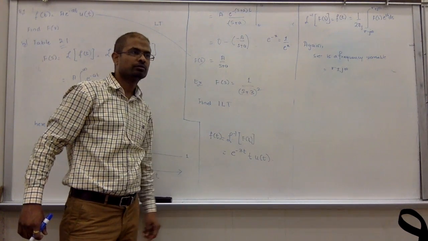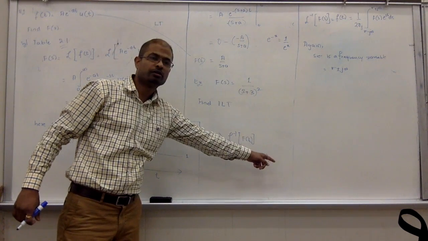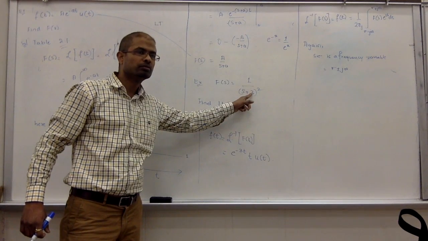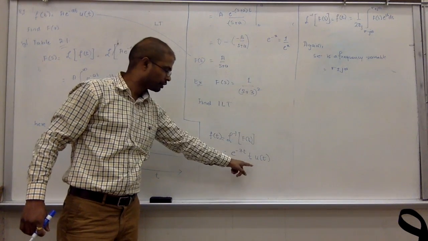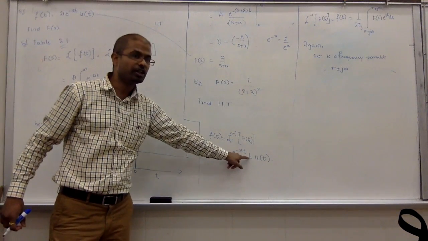It would be e to the power of minus 3t, t squared, u of t. Everything is the same, except that there is an additional t here.